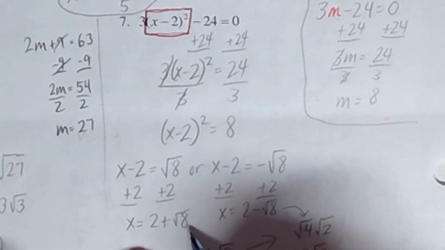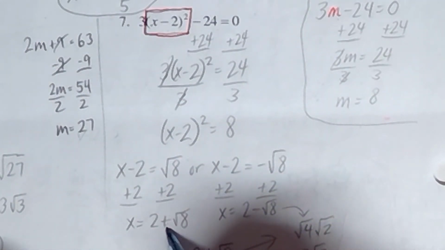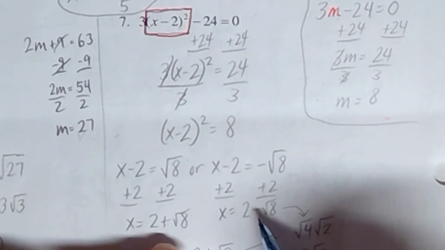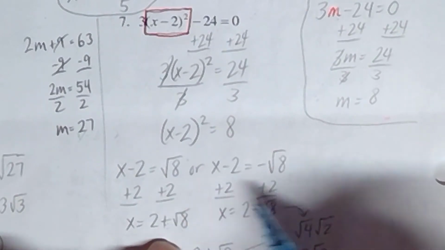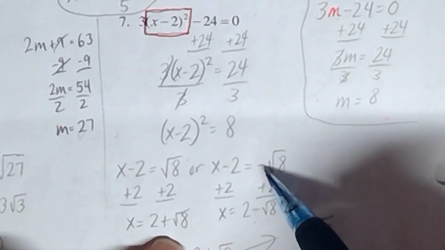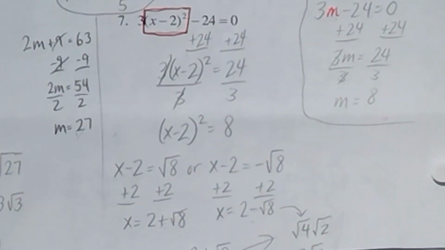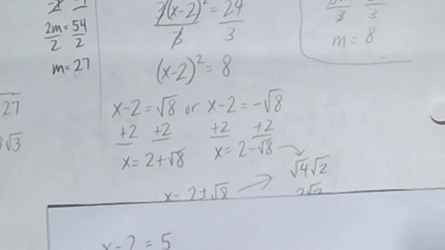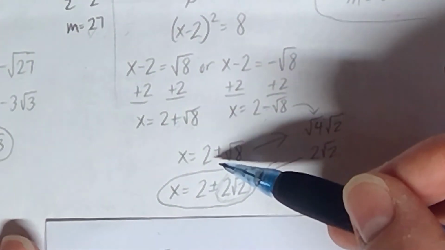Okay, and then just like we've been talking about, these are not like terms, so you got to keep them separated by either a plus or a minus. Plus here because the rad 8 has to have a positive in front of it. Minus here because the rad 8's got to have a negative in front of it. Okay, we then simplify our radical. Again, I did the plus or minus first.